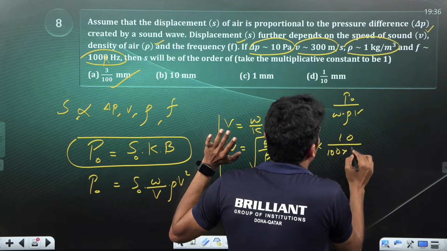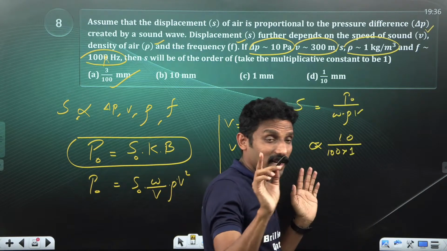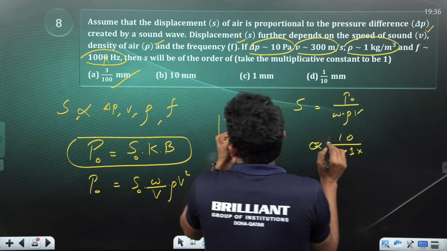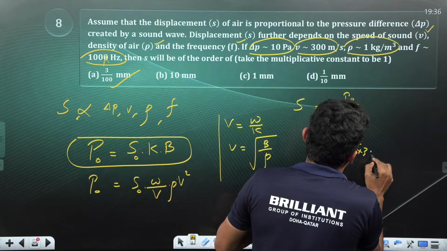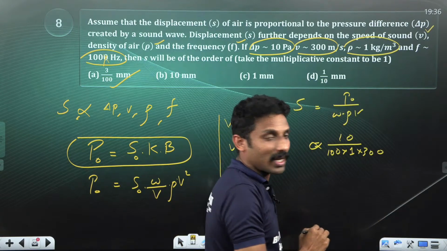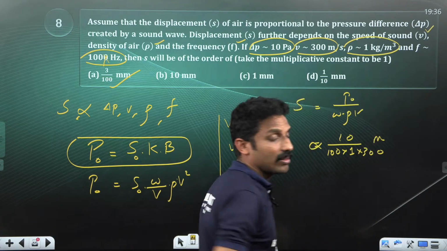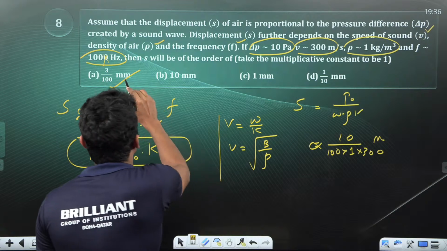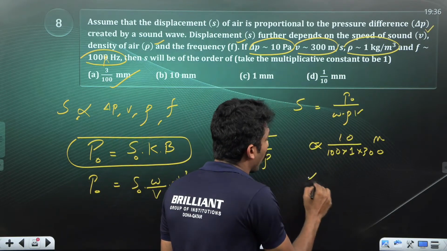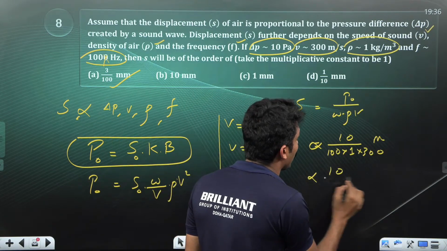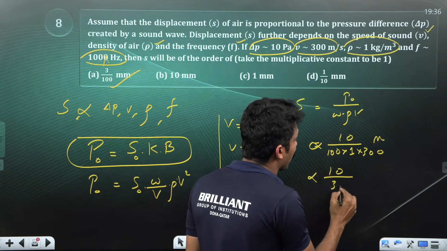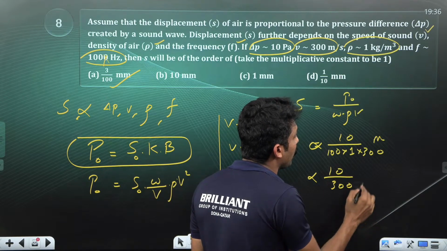And density is 1 here given, and the speed is given, 300 meter per second. Now this is in meter SI unit, and the options are in millimeter unit. So I am multiplying this with 100. 10 divided by 300 millimeter.